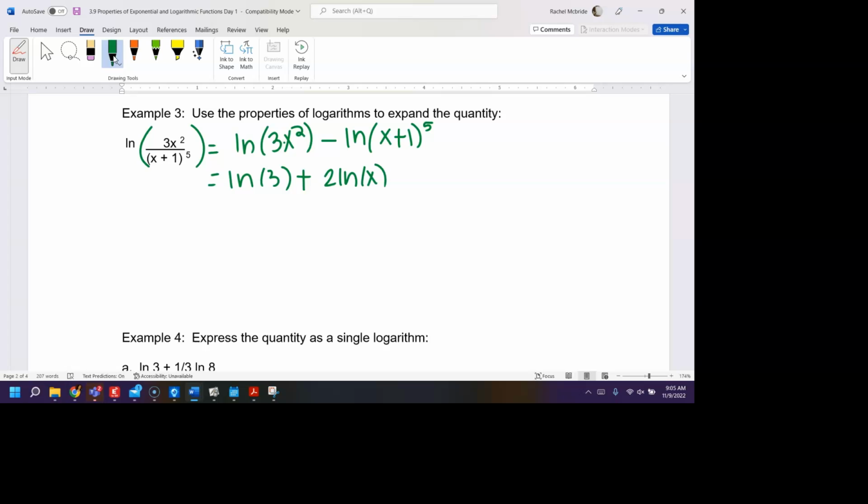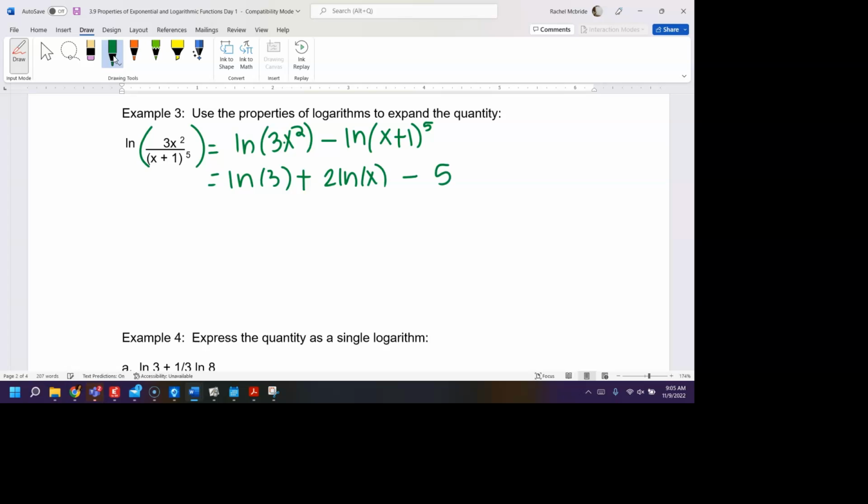Why would changing it to the natural log of 3 plus that 2 log of x be helpful? Well, ln of 3 is a number. The derivative of a number is always zero, so it gets rid of it. So that's why we would want to break the 3x squared up.